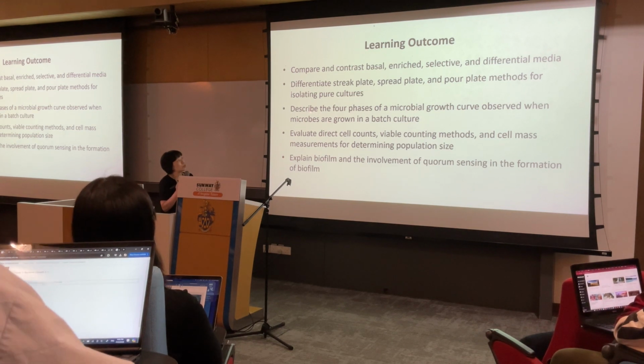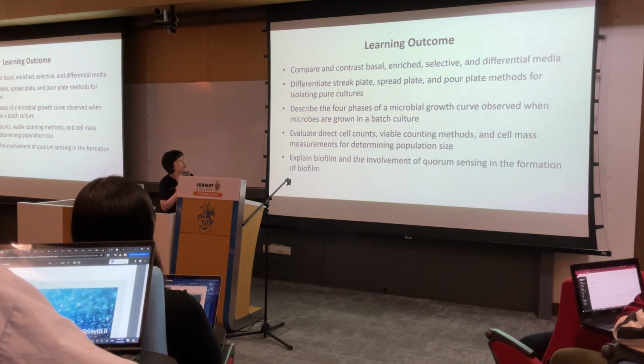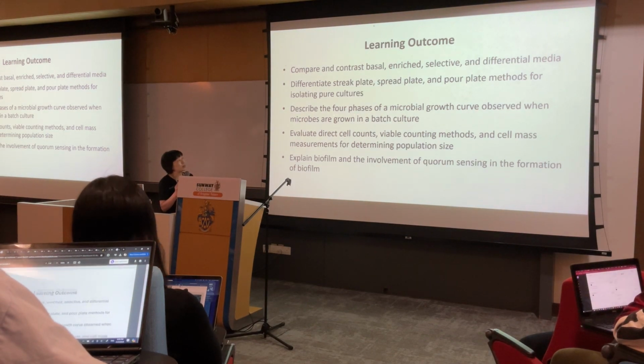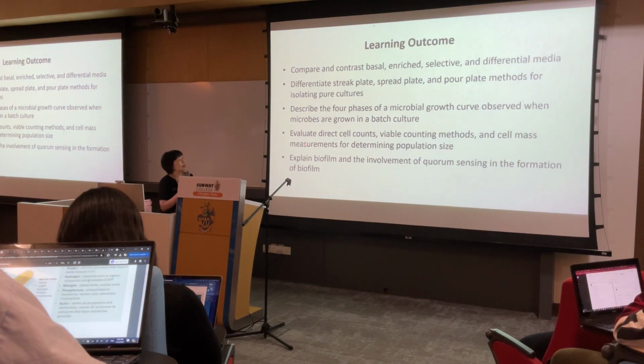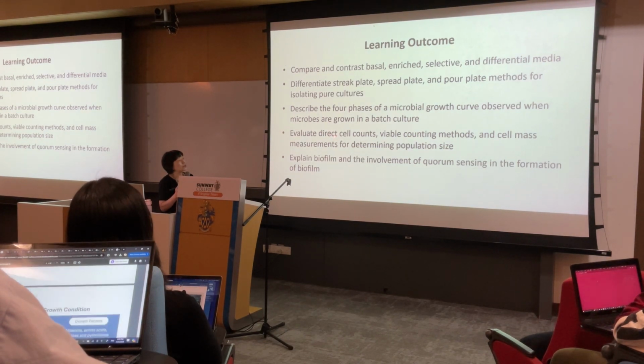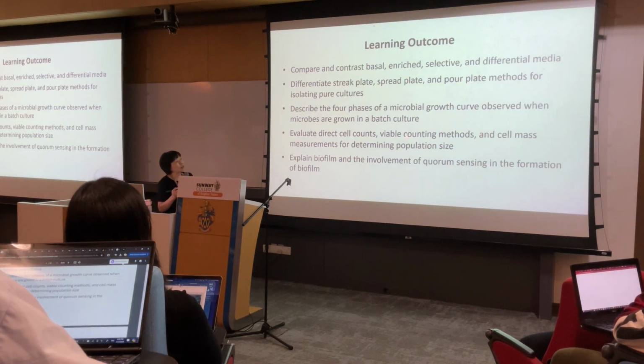You will describe the 4 phases of the microbial growth curve, what they are and the condition for each of them. Finally, you will know how to do the direct cell count using the counting chamber as well as the microscope.